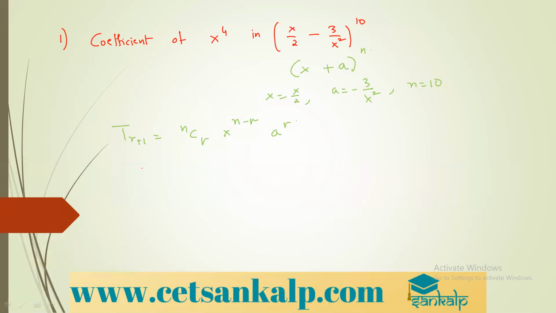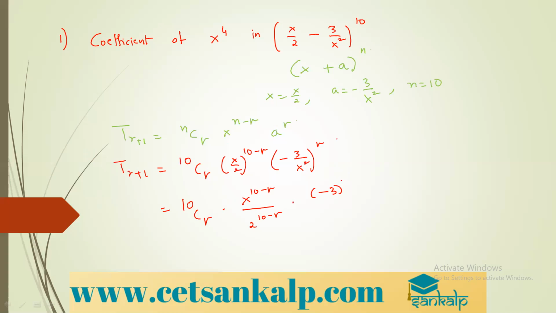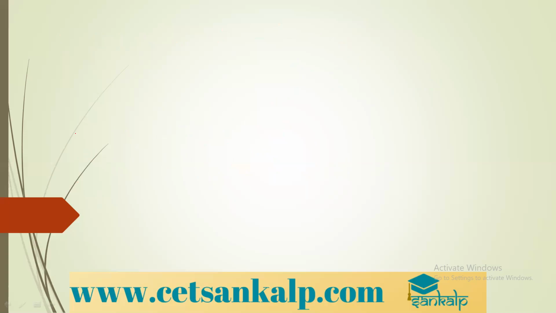So when I use this, I have T r plus 1, n is 10 Cr, x is x by 2, n is 10 minus r, a is minus 3 by x square power r. I will separate 10 Cr, x power 10 minus r, 2 power 10 minus r, minus 3 power r, and x power 2r. I will keep the numbers separately.